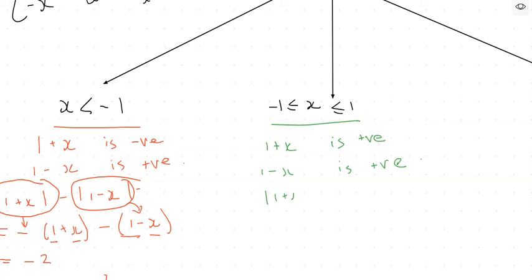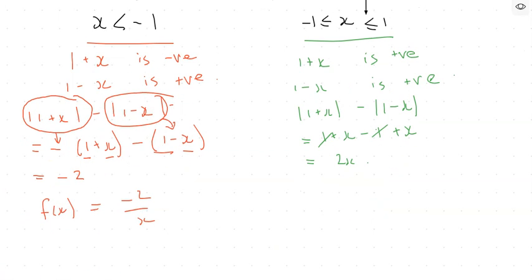So mod of 1 plus x minus mod of 1 minus x is equal to 1 plus x minus 1 plus x. So the 1's cancel this time, and we end up with 2x. And so f of x is just 2.